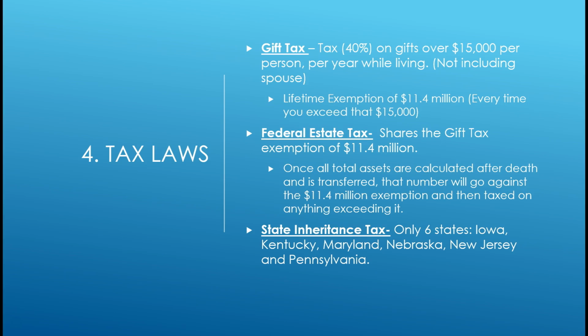All right. The next, of course, is your state inheritance tax. Some states have it. Only 6 states, actually: Iowa, Kentucky, Maryland, Nebraska, New Jersey, and Pennsylvania. So if you live in any one of those 6 states, you may be subject to anywhere between a 1 and 18% state inheritance tax, and each one of those states has its own lifetime exemption amount. So you may not hit that lifetime exemption, or you may hit it.